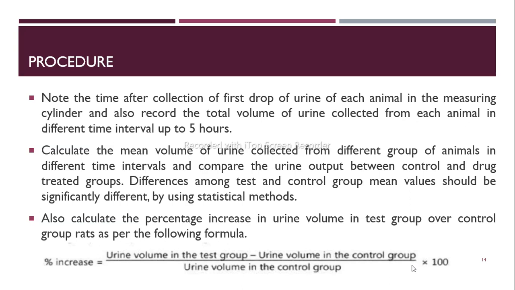Understand this very clearly, that we have to be present the entire time while we are doing this experiment. Why? Because we have to note the time after collection of the first drop of urine. So we have to keep watching at what time the animal urinates first.